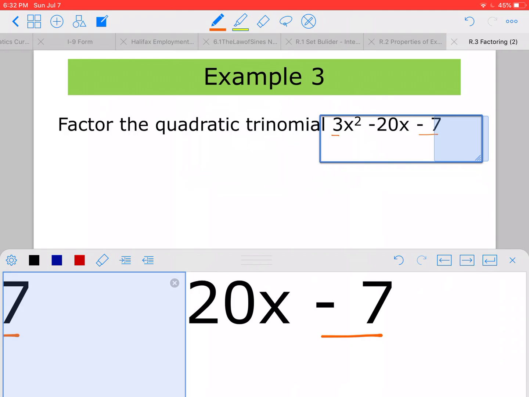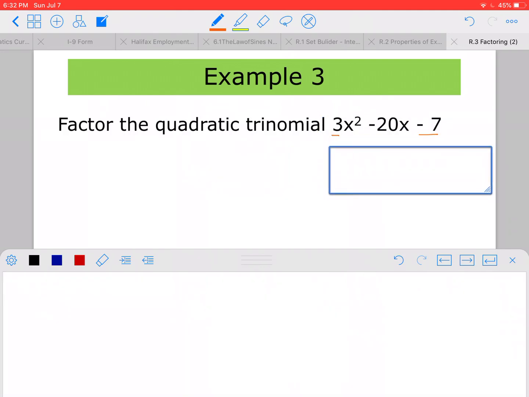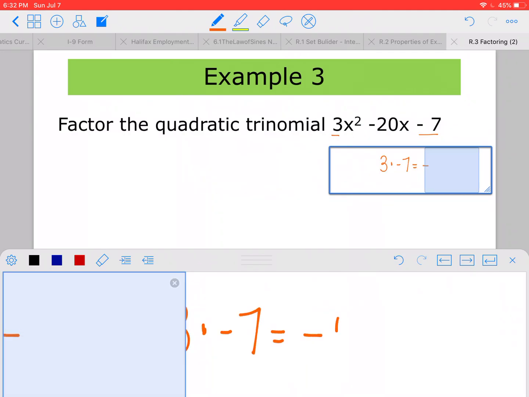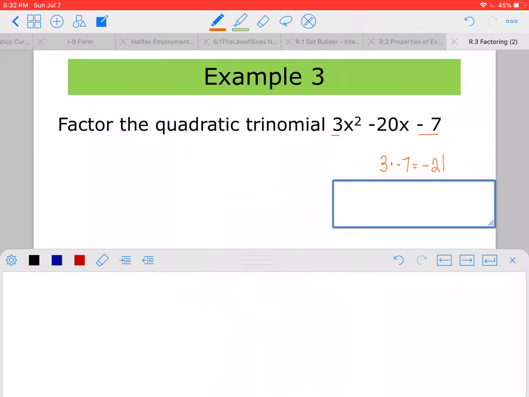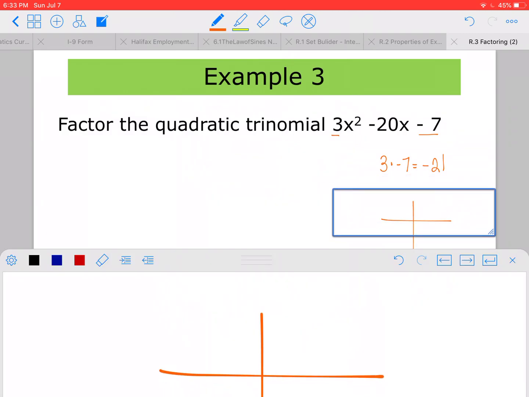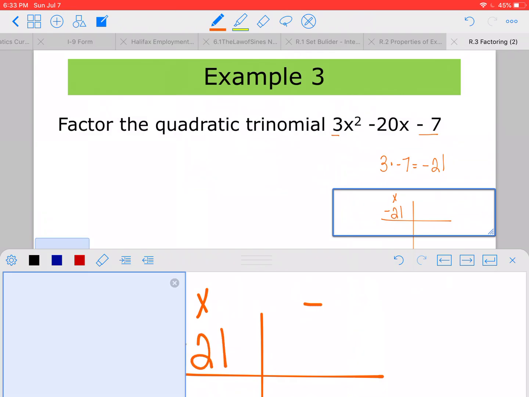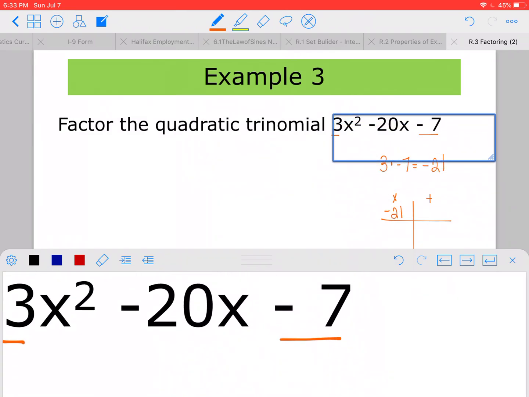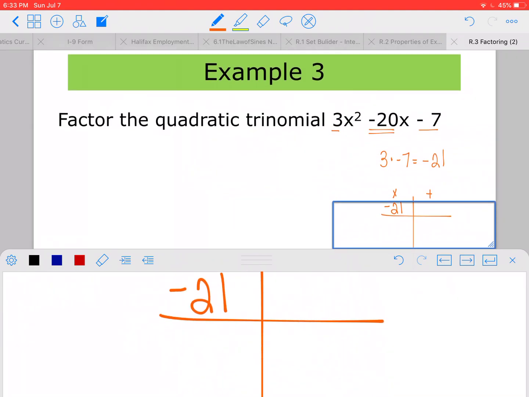So 3 times negative 7 is negative 21. And so what we ask ourselves in this case is, what will multiply to give us negative 21 that will add still to give us the number in the middle, negative 20? Okay?